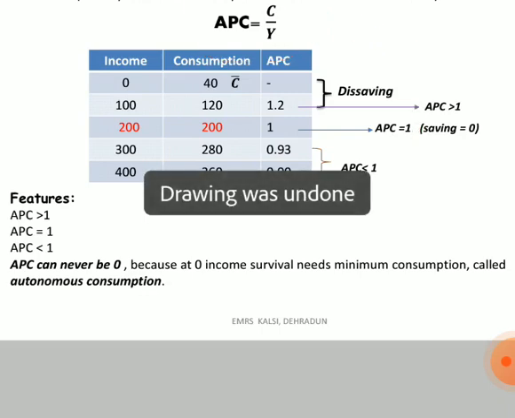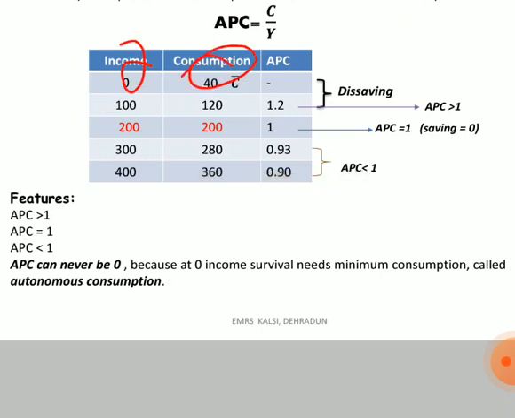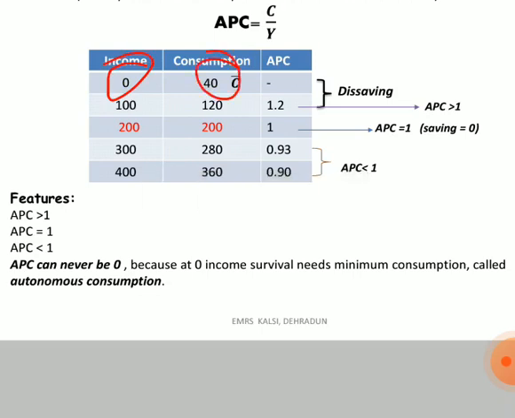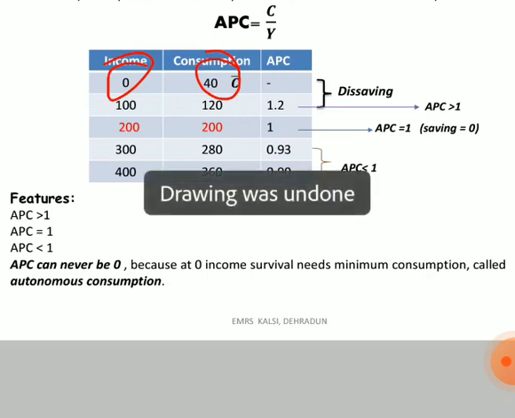Like here, 0 and 40. Earlier I told you, when income is 0 and consumption is something, you are not earning anything but you are consuming, that consumption will be called autonomous consumption. So in this case the APC will be undefined.